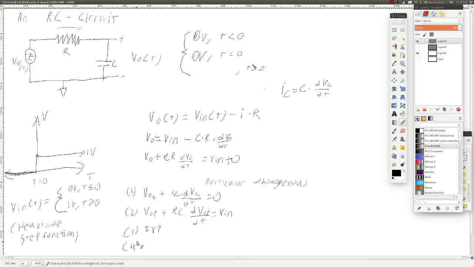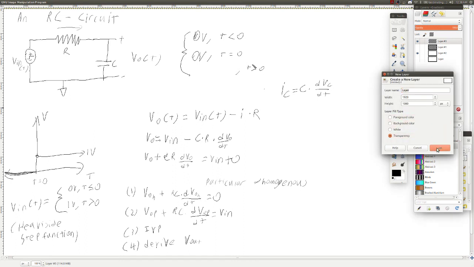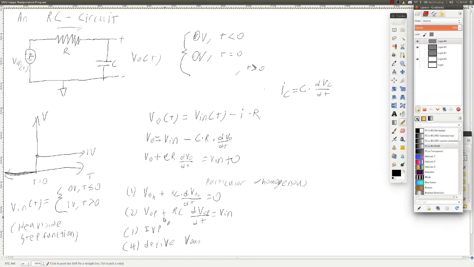And 4, we'll substitute it all together to derive V out. So let's take this to a new page so it's clean and the math is easy to understand.